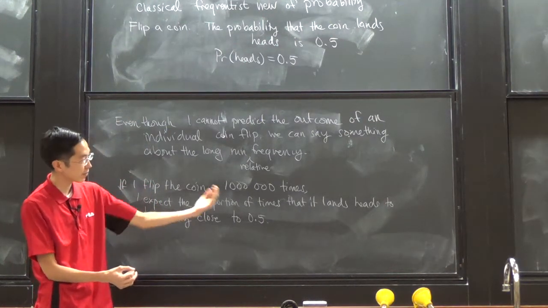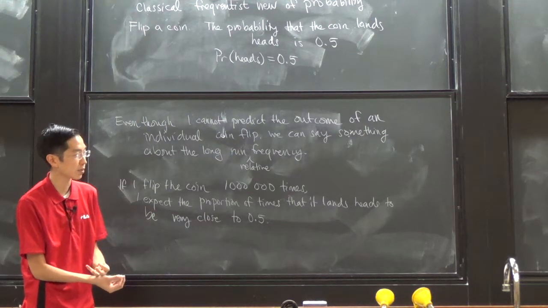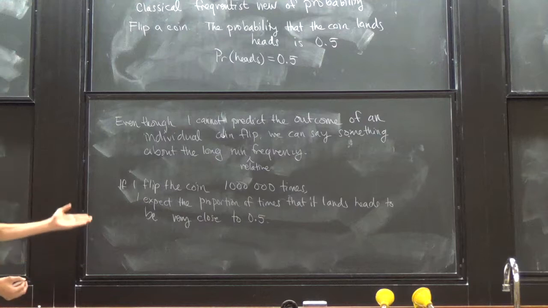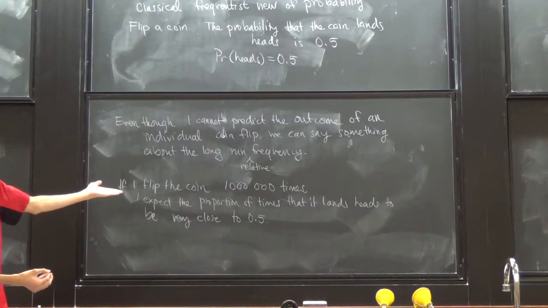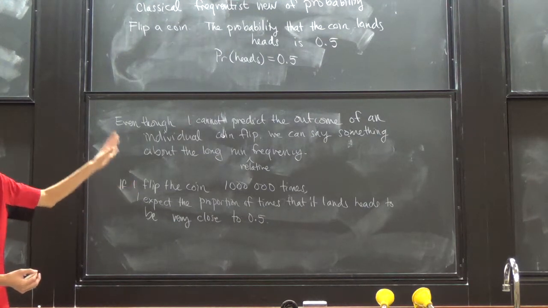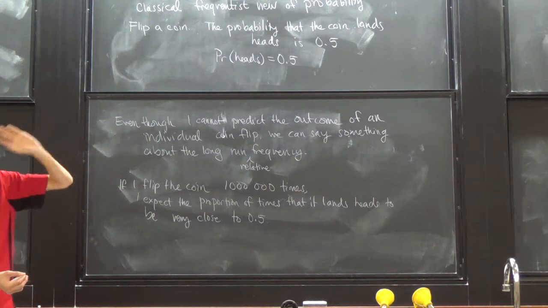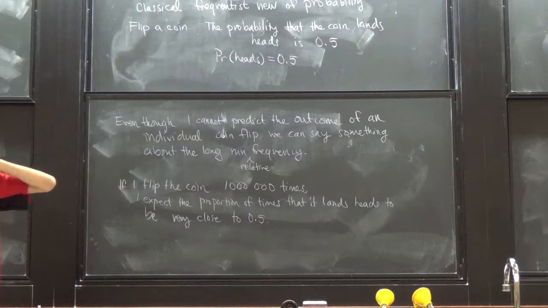But if I flip the coin 1,000,000 times, or 1,000,000,000 times, the overall proportion of heads versus times the coin was flipped should be close to 0.5. Does that jive with our intuition and our understanding?